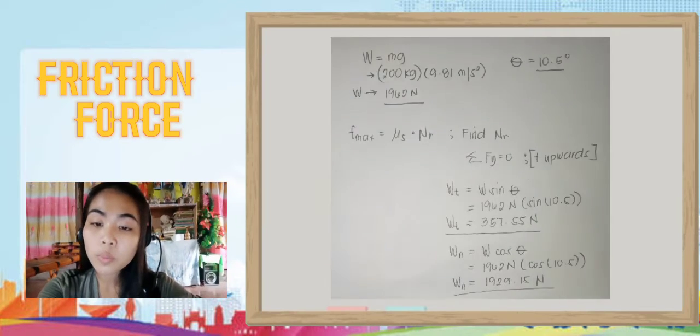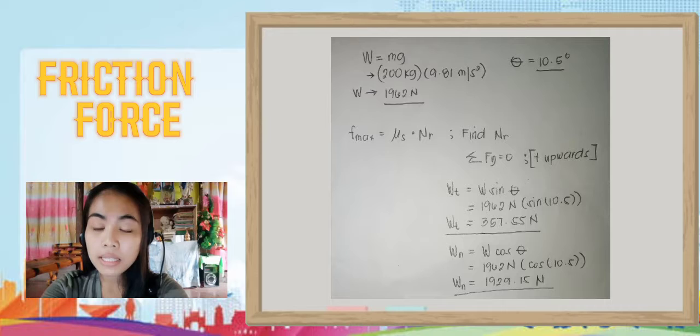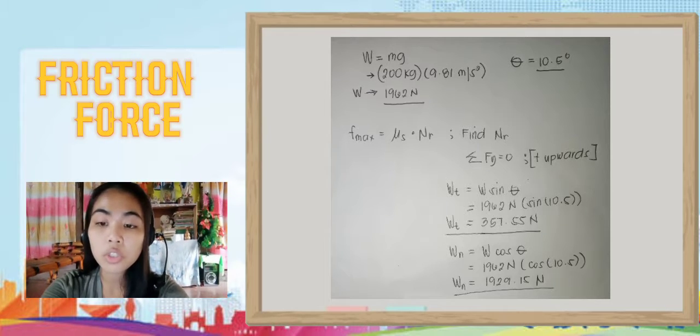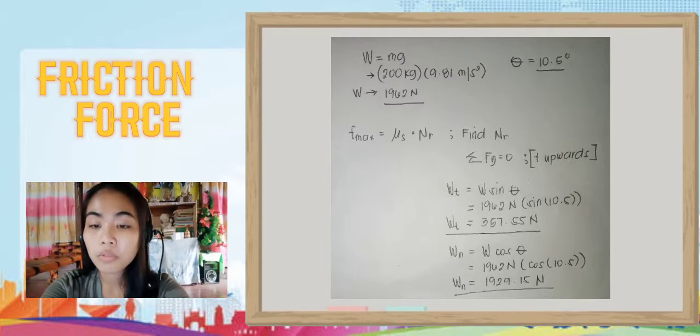So, first, we will get the weight, which is mass times the gravity. So, 200 times 9.81. So, the weight is equal to 1,962 Newton. Then, we will check the available maximum friction.